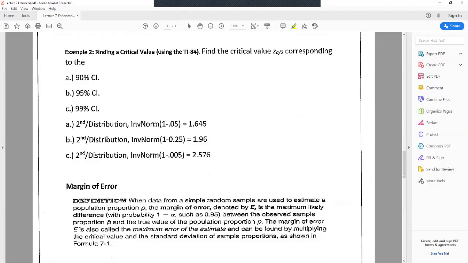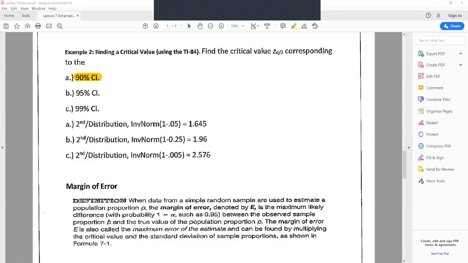This is just a reminder on how to actually generate those critical values using the TI-84. Again, we would just use the inverse norm. For example, on part A, remember, if this is the 90% confidence level, I'm going to try to sketch this. It's probably going to appear somewhat crude.